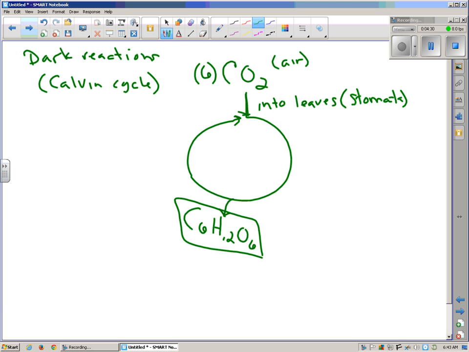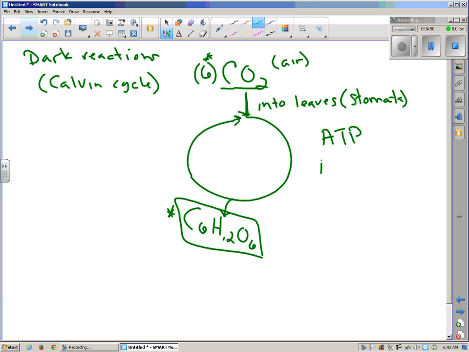And make glucose. Now realize this is a reaction that involves building. We are going to take 6 of these and put them together to make one of these. So we have to put energy in.